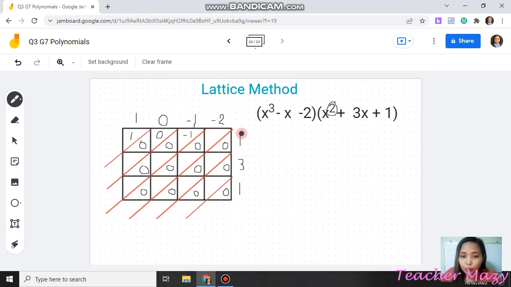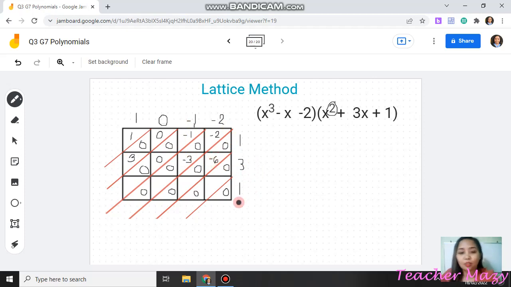Negative 2 times 1 is equal to negative 2. Okay, next for the second row. 1 times 3 is equal to 3. 0 times 3 is equal to 0. Negative 1 times 3 is equal to negative 3. Negative 2 times 3 is equal to negative 6.